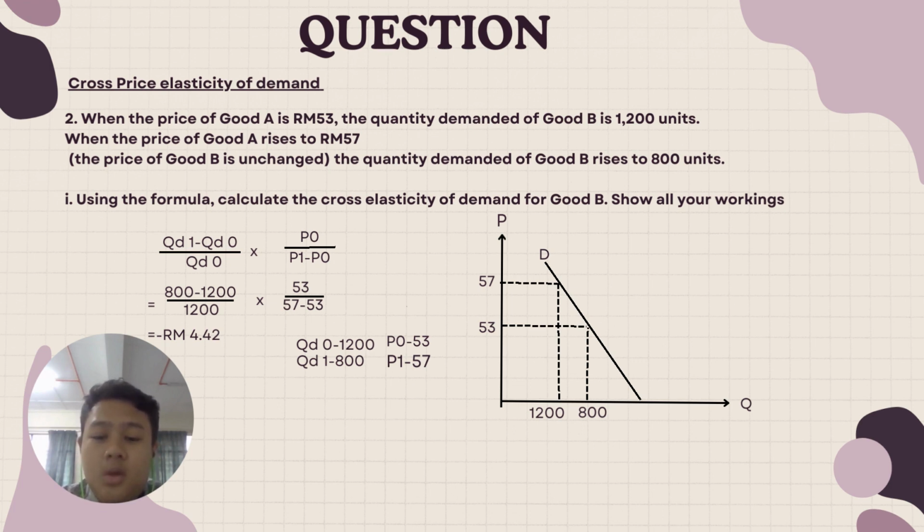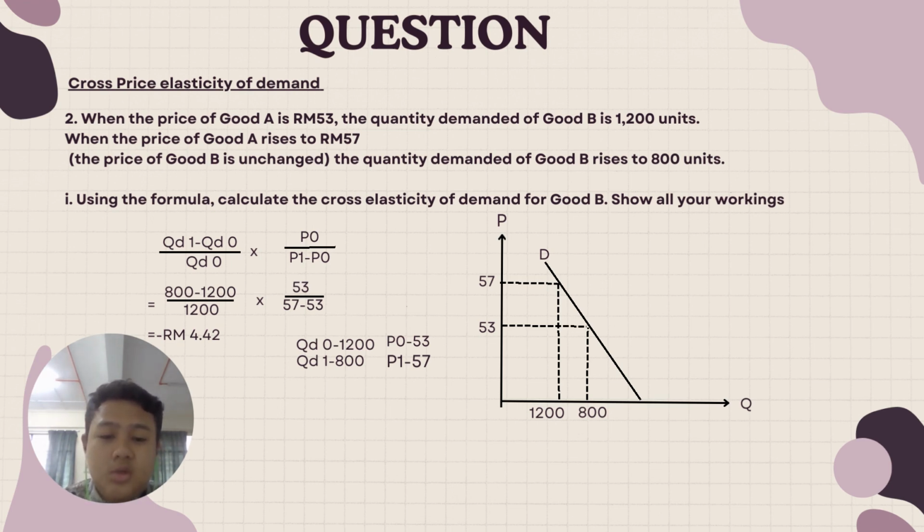So that is 800 minus 1,200 divided by 1,200, and times RM53 divided by 57 minus 53. The answer is negative 4.42.